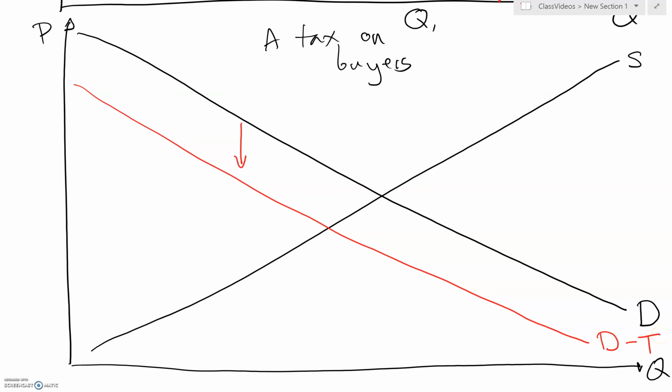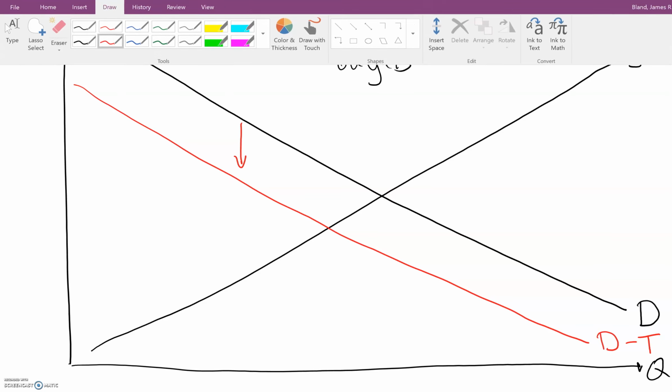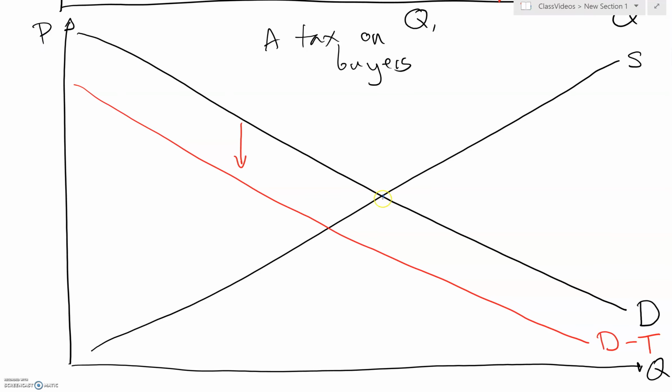Okay, so what's happened here? We have, going to a third color here to make it make sense, our original equilibrium here. So here's our Q1 and our P1. And our new equilibrium, which is going to be the intersection of the supply curve, well, nothing's happened to sellers here, and the demand curve.